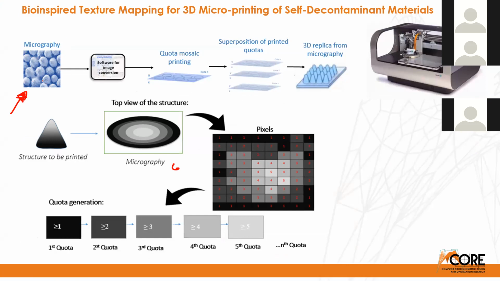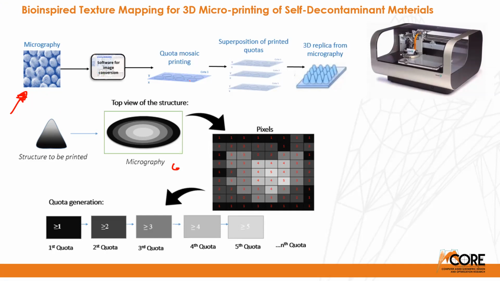In this image, the gray tone is related to the height of the structure. The lighter the color, the higher the height. So this image is submitted to the software for the conversion.